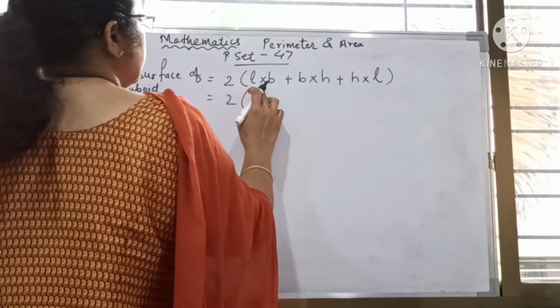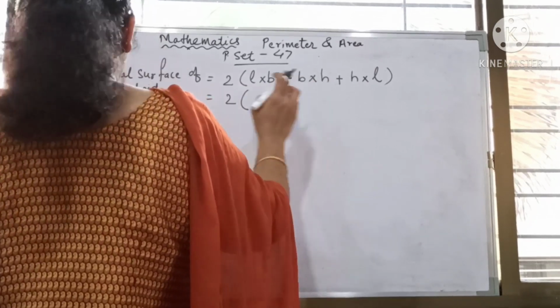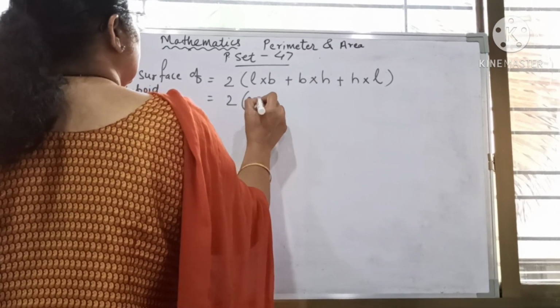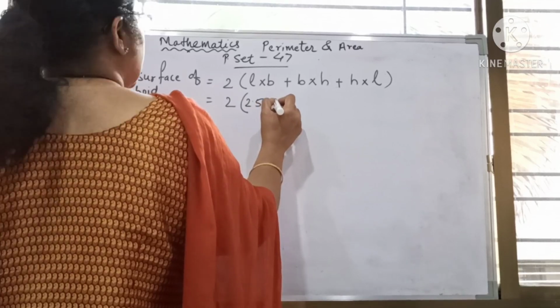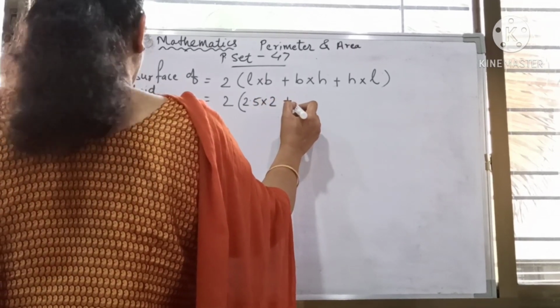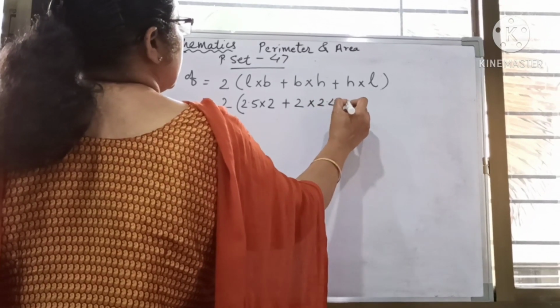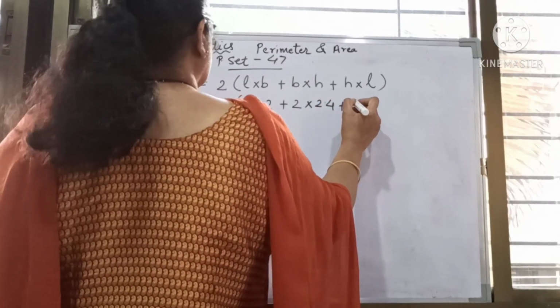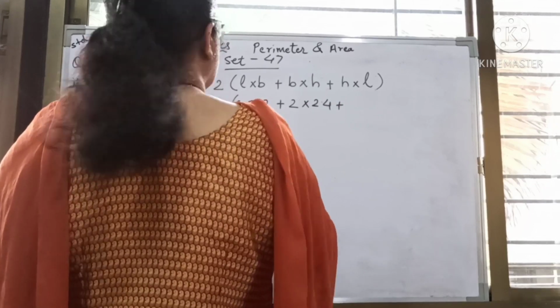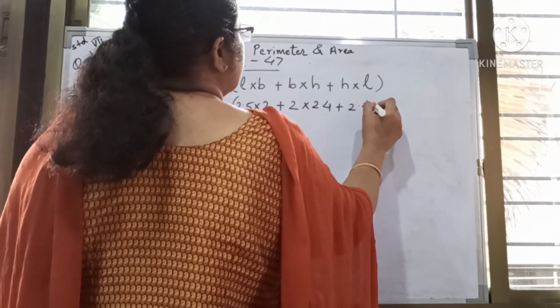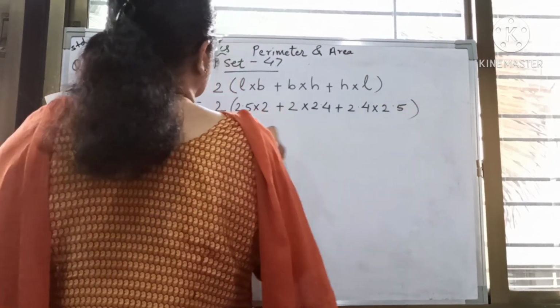So you substitute the value of length, breadth and height. So length is given to you 2.5, breadth 2, plus breadth is 2, height is given to you 2.4, plus 2.4 into length is given to you 2.5.